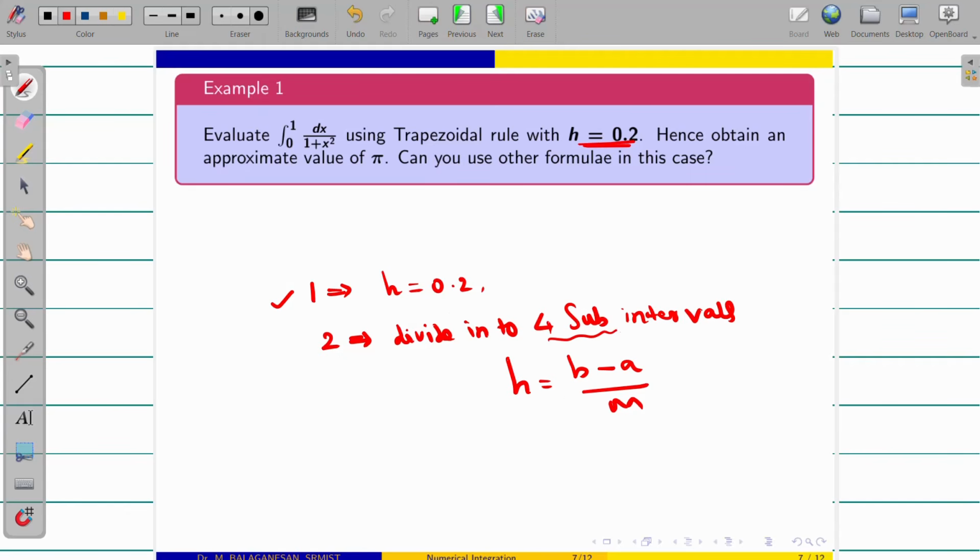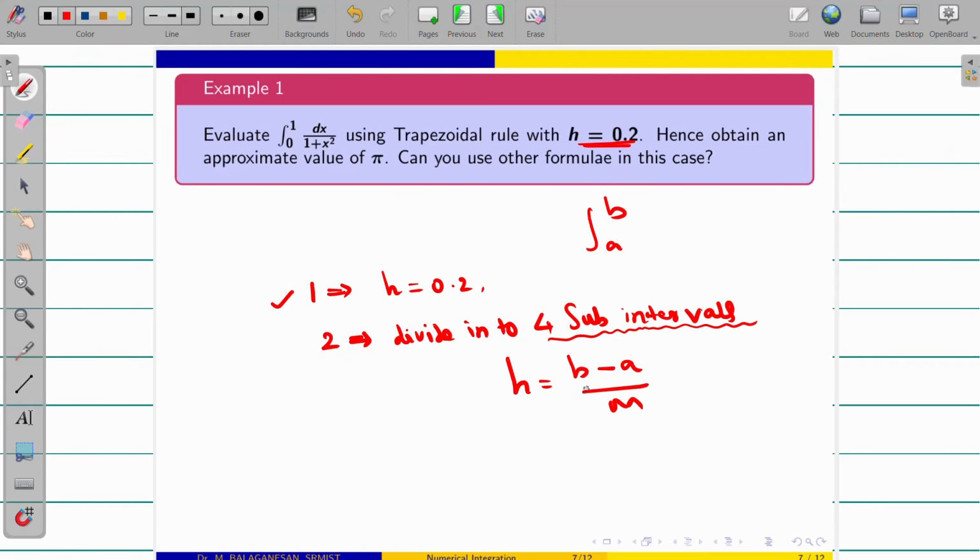They will give the clue like this, divided into four subintervals or 10 subintervals or six subintervals. In that way they will give. So by the time what you have to do, you have to find the value of h by b minus a upon m. What is b represents? The limit of the integral a to b. That's it. Lower limit is a, upper limit is b.